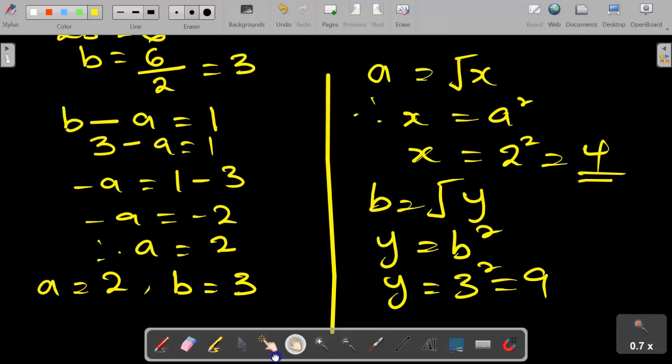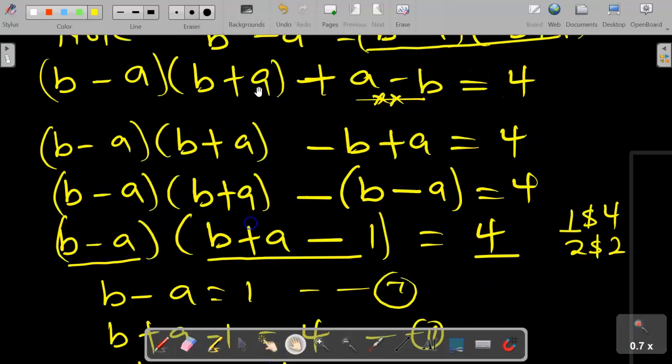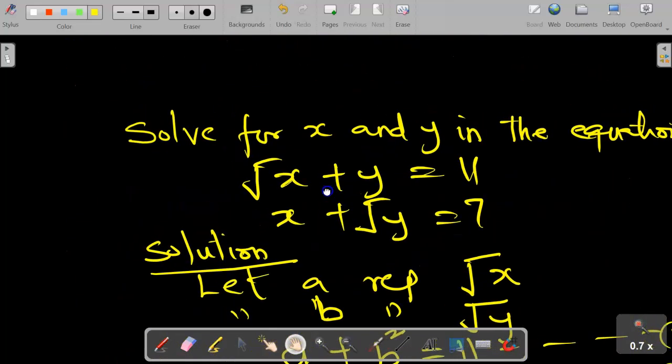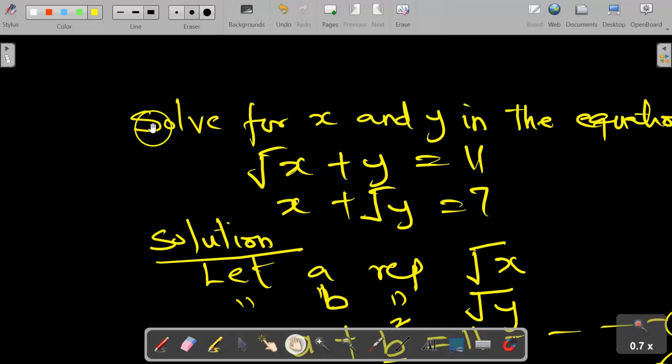Let's go to the original to see if those two values are correct. Remember, my x is 4 and my y is equal to 9.